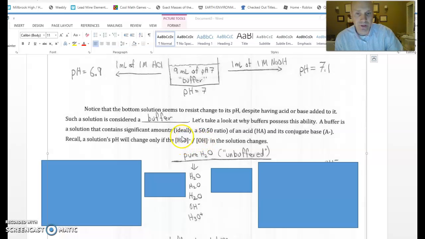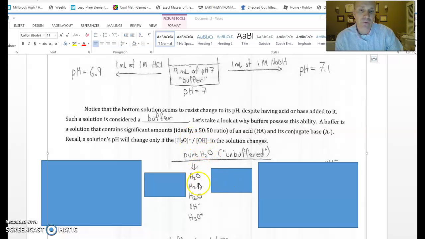The charges, by the way, should be inside of the square brackets. That's a typo. So remember, if you don't change the relative amounts of these, you don't change the pH. If you do change the relative concentrations of these things, you do change the pH.